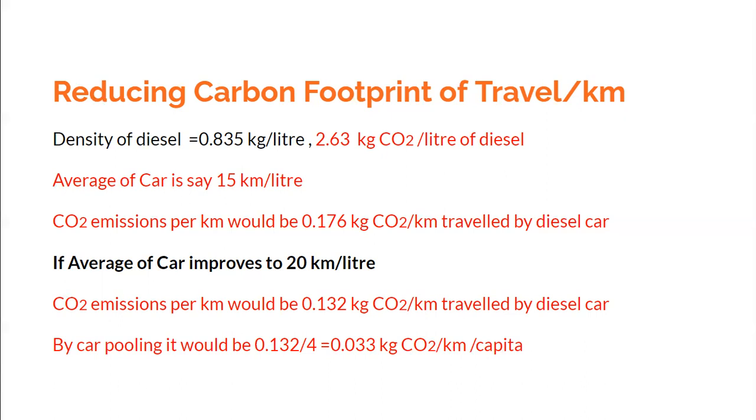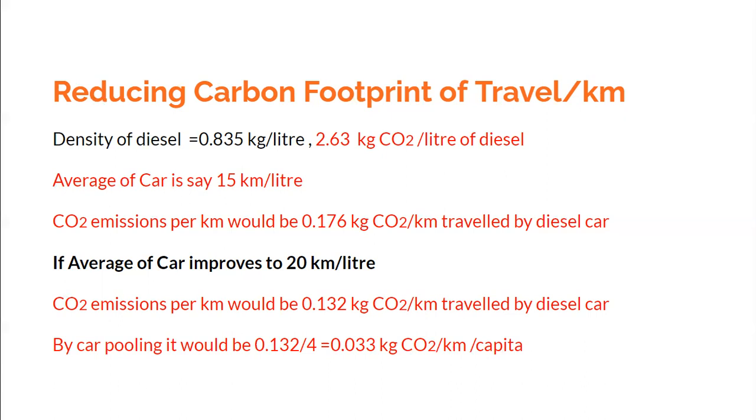So if you own a diesel car which has an average of 15 kilometers per liter, the emission factor would be 0.176 kgs of CO2 per kilometer. Now this understanding of the calculation would also help us understand how much the carbon footprint can be reduced if we purchase a more fuel efficient car.